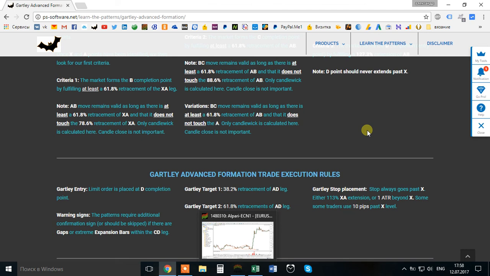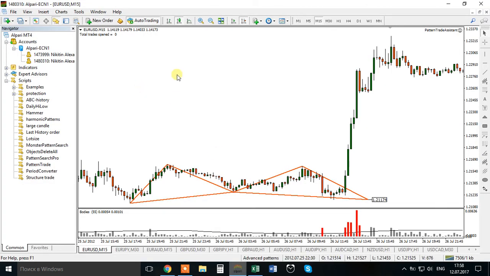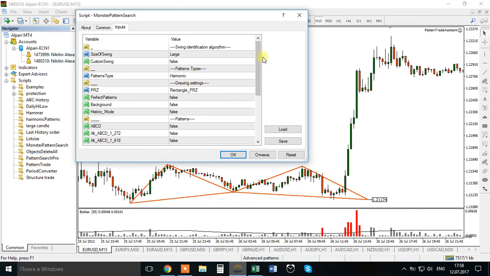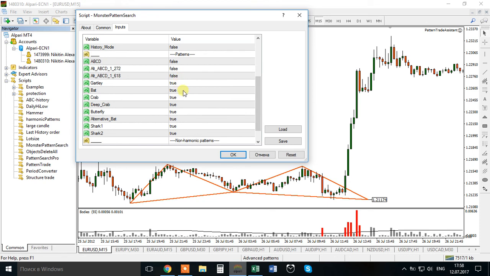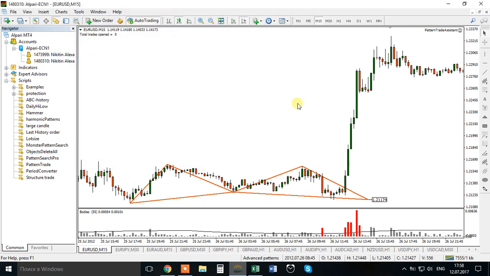I would only trade Bats and Ciphers. Of course, you can do that with my indicators. Just switch whatever patterns you wish to true and disable any other patterns that show negative expectancy on this particular pair and that particular time frame. Yes, you can do it easily.